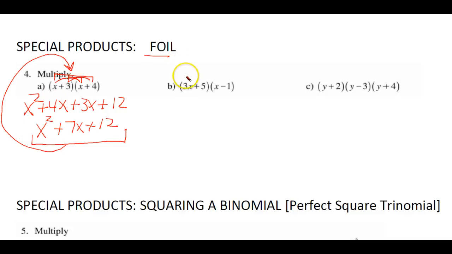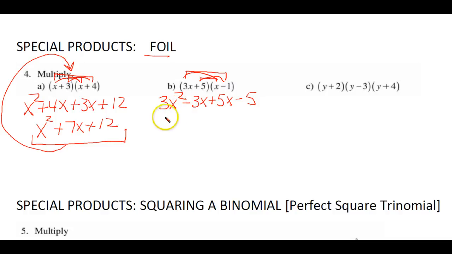All right, let's do this one. We're going to FOIL. First, 3x squared, outers, a negative 3x, inners, a positive 5x, and last, a negative 5.